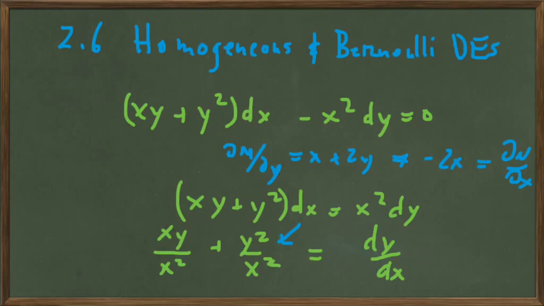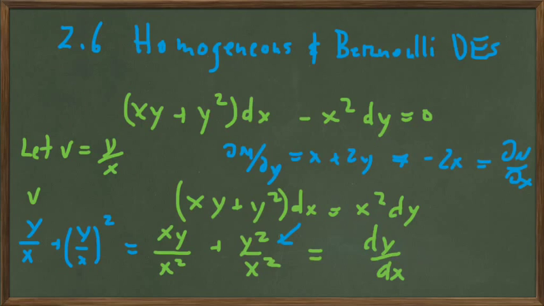So let's take that left-hand side and reduce terms. And let's let y over x equal a new variable v. Then that makes the left-hand side v plus v squared. And then let's take this v equals y over x and find out what dy over dx is.